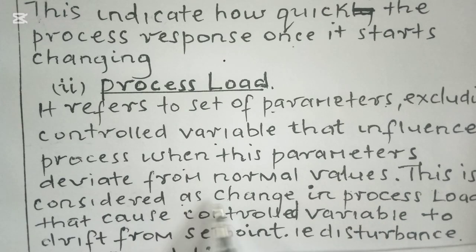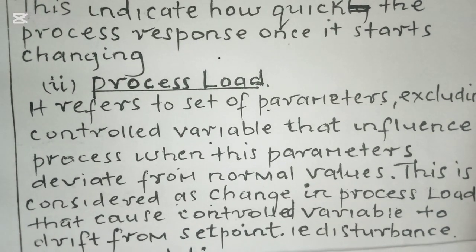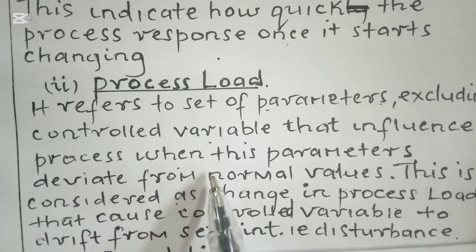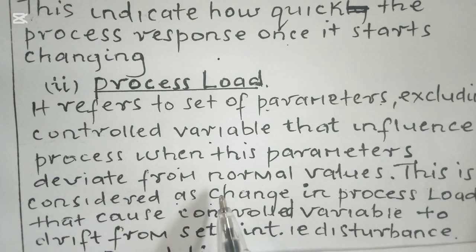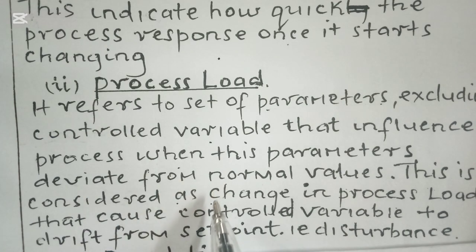This is considered a change in process load that causes the controlled variable to drift from the set point, i.e. disturbance. What we are talking about is that all these processes take place in a certain environment. Maybe I can give an example of a vehicle that is moving.